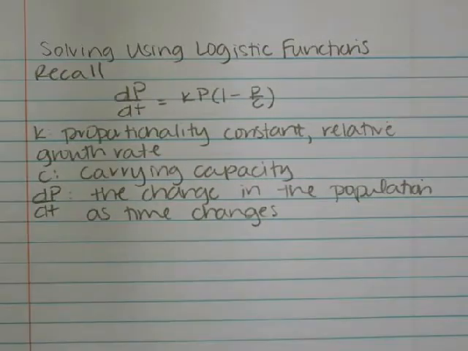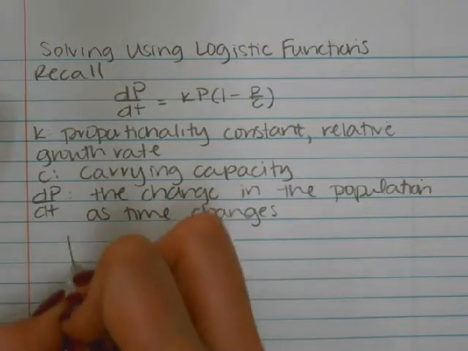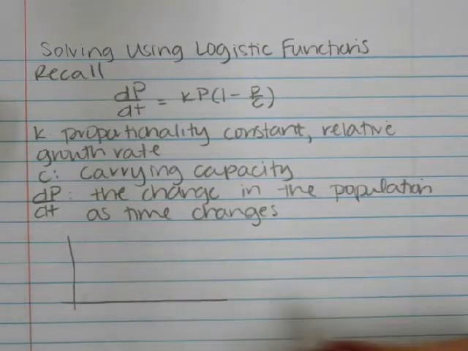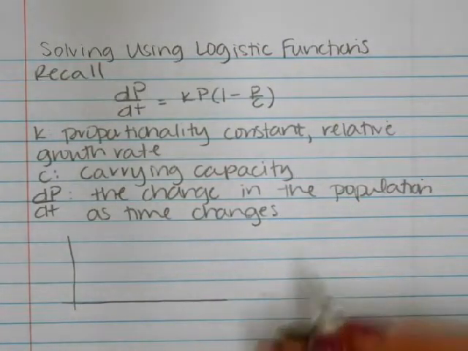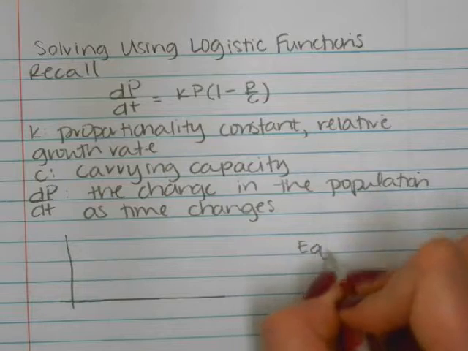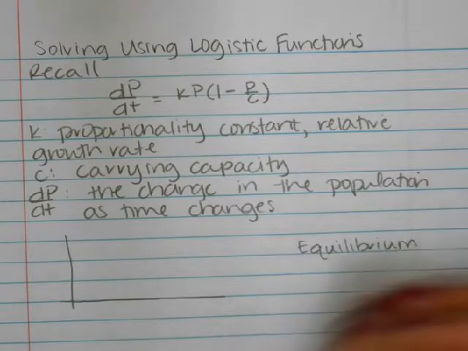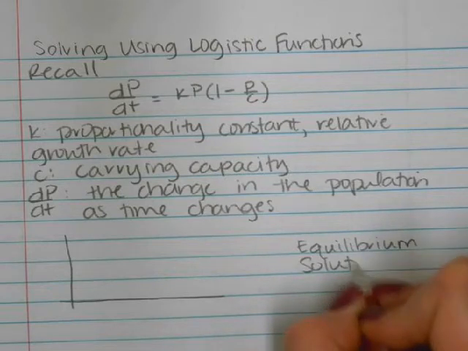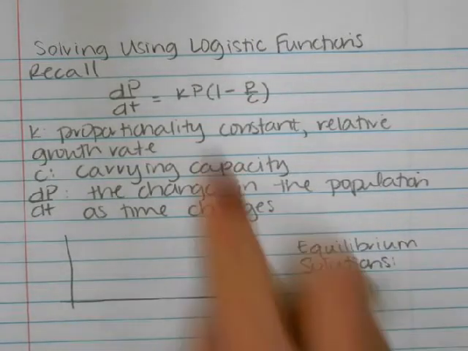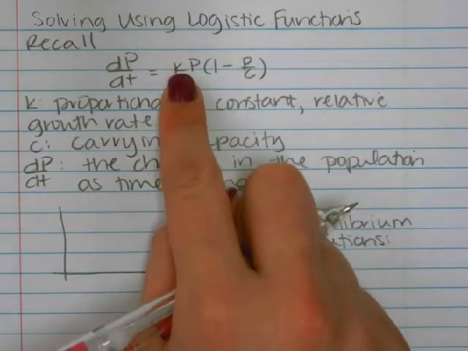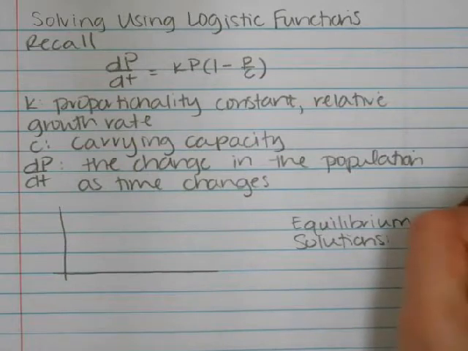So there were some things that we looked at. This is where we did some slope fields. If you guys recall, we have our equilibrium solutions. Those come from the factored form, and one equilibrium solution is from the factor in the front, the GCF, and that is P equals 0.